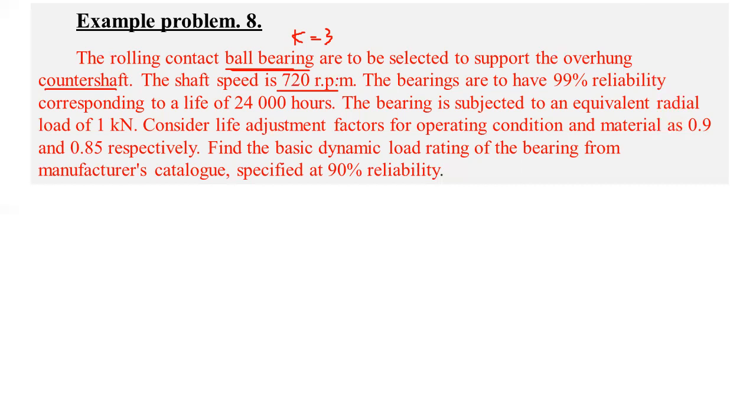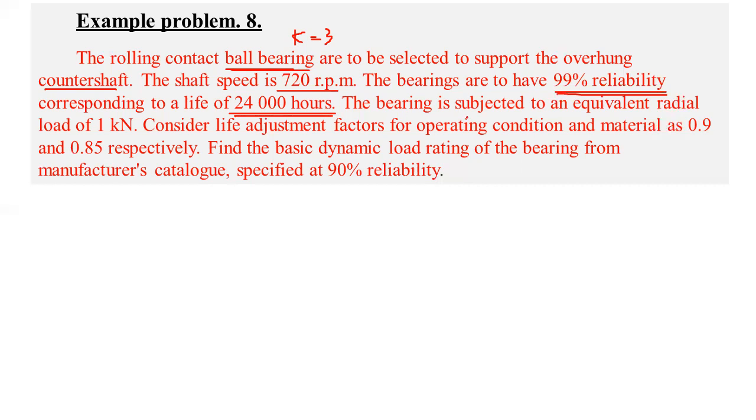This value is n, speed in revolutions per minute, and the bearings are to have 99% reliability, corresponding to a life of 24,000 hours. So the life of bearing in hours is given.